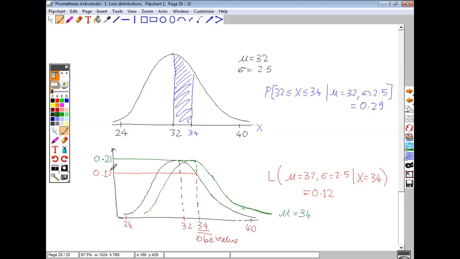Anyone? The likelihood is for the parameter. Likelihood is the parameter, okay.